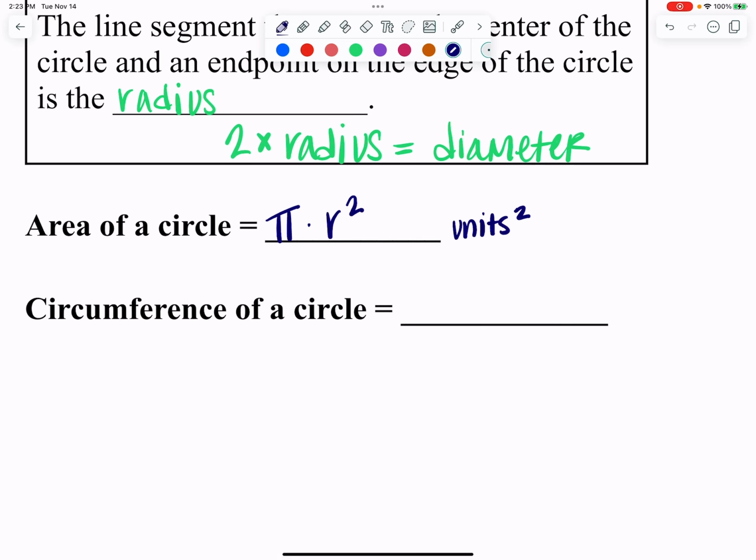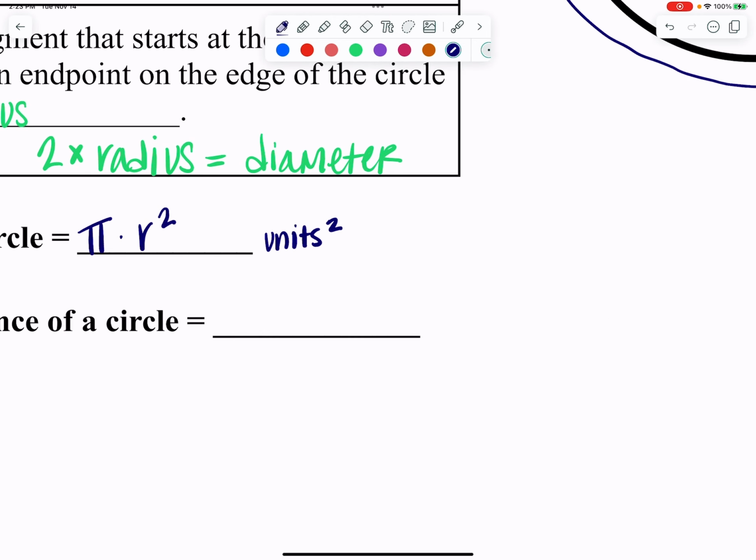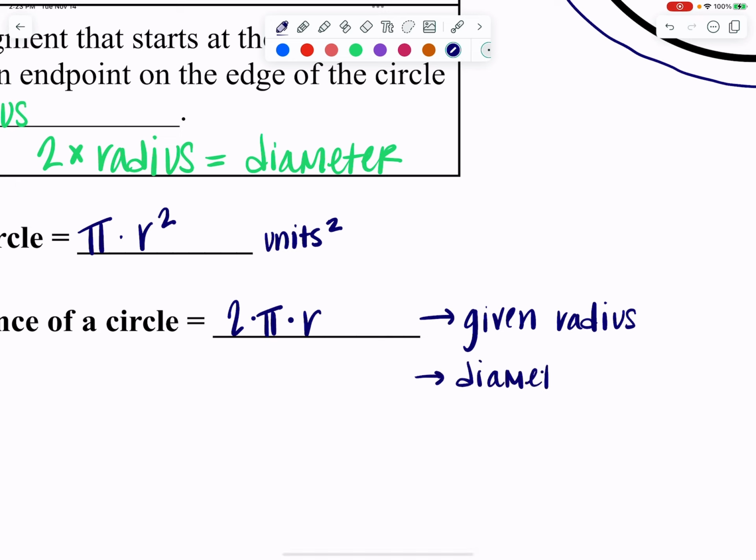The circumference of the circle, there are 2 options depending on what you're given in the circle. So if you are given the radius, you're going to multiply 2 times pi times the radius. If you happen to be given diameter, you can always divide by 2 and use the top formula, or you can use pi times diameter.